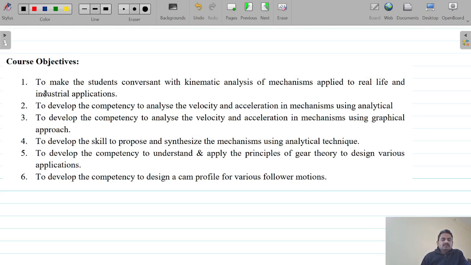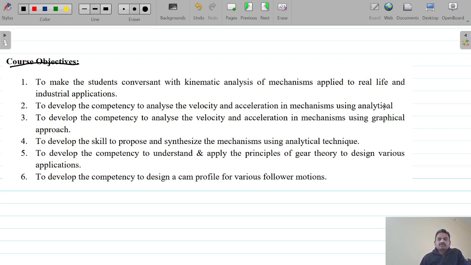In our subject, we have a total of 6 units, and as per the 6 units, we have decided our course objectives. To make the student conversant with the kinematic analysis, we have to understand the basics, the fundamentals of mechanism. Second is to find out the velocity and acceleration of mechanisms using an analytical method.